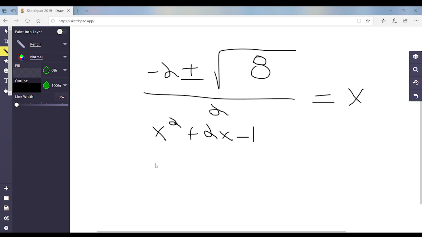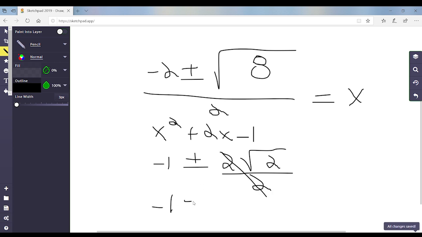So we have minus 1, I just divided it by 2, plus or minus, we can pull out, I'm just simplifying this, and then this is still divided by 2. So plus or minus the square root of 2. So this is our equation, this is equal to x. So this is going to be x when this is equal to 0.